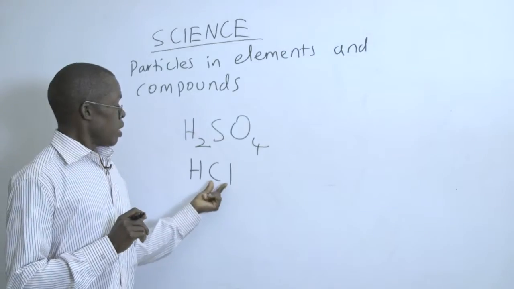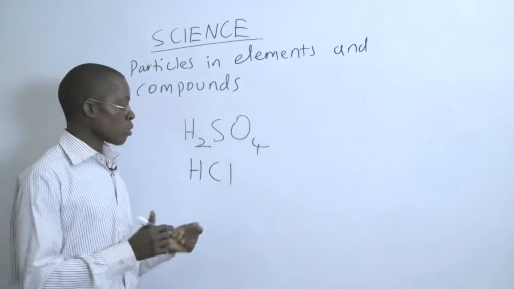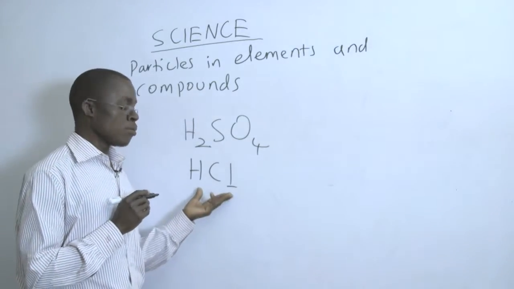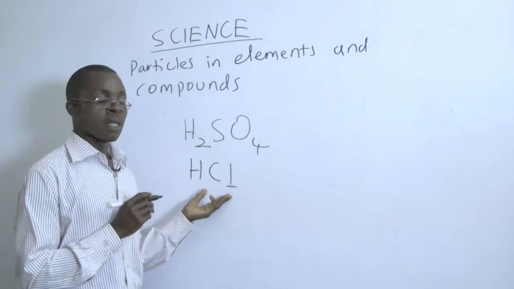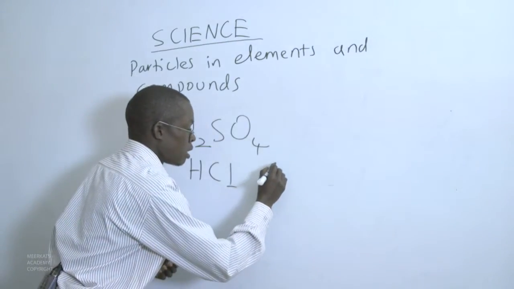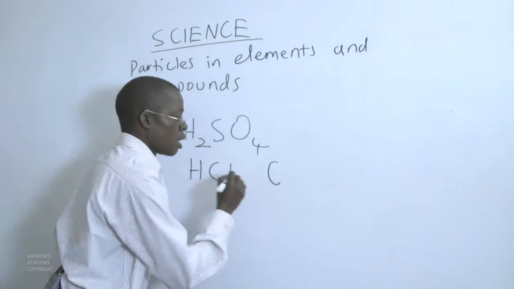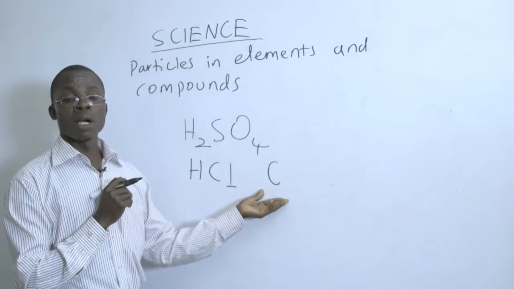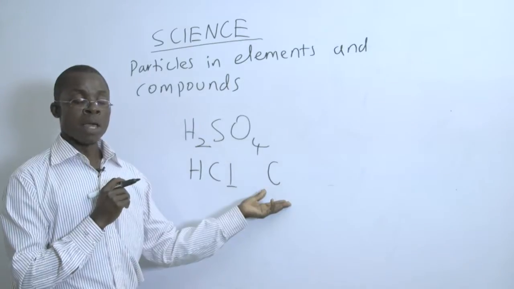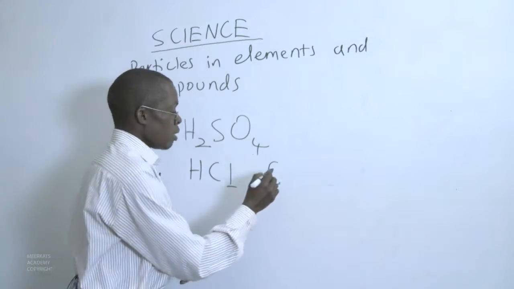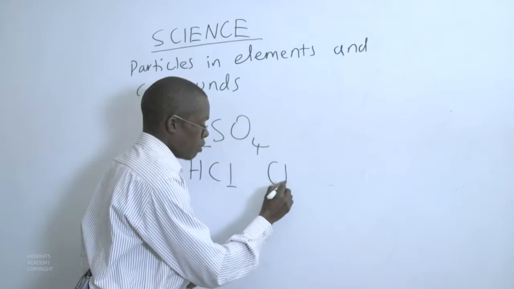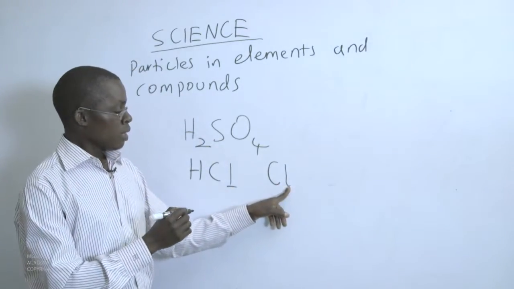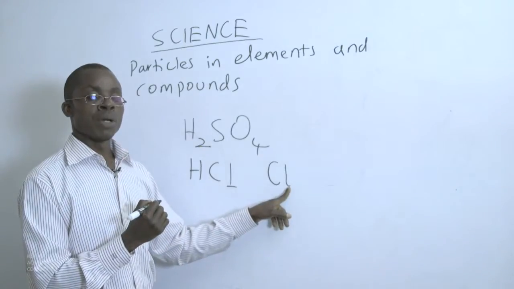Now, I've picked on this one because of the problem associated with L. When writing the formula of chlorine, you need to know that the first letter must be a capital letter, which is capital letter C. The second letter becomes a small letter. Now, when writing a small letter, some make a mistake of writing L with a slight bend.